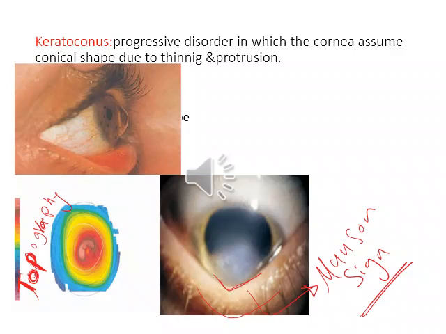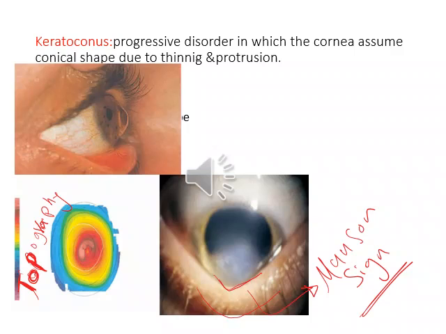So any patient who complains of frequent change of spectacle power. For example, I do the refraction for my patient, and after 6 months there is a jump in the power of the spectacle of more than 1 diopter. For example, we examined him and it was minus 2 myopia.